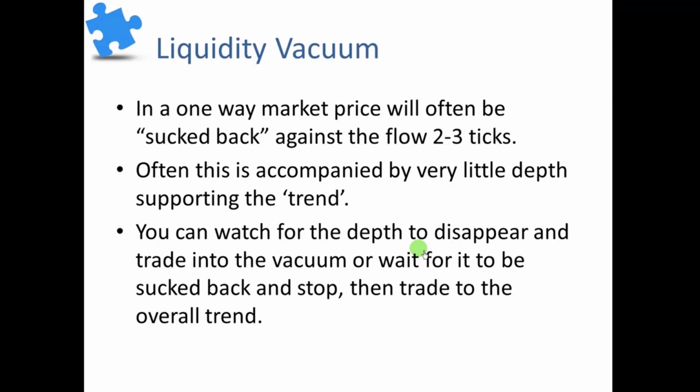In a pullback, in an up move, you do not want to see large sell market orders aggressively hitting the bid. You do not want to see rapid momentum downwards, and you do not want to see sell market orders double the buy market orders. You don't want to see that imbalance on the way down, because you're expecting this just to be a balanced market where the vacuum is pulling you down.